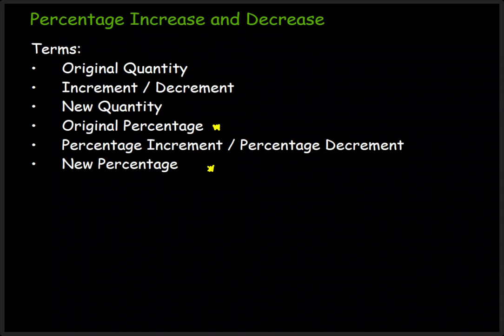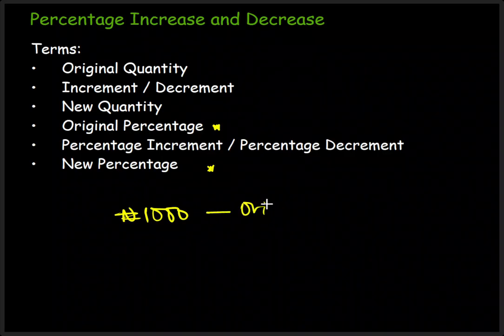Now let me explain something, because this class is basically the introduction of percentage increase and decrease. So let me explain what increase is. For example, if someone has 1000 naira, this becomes the original money, which is the original quantity.